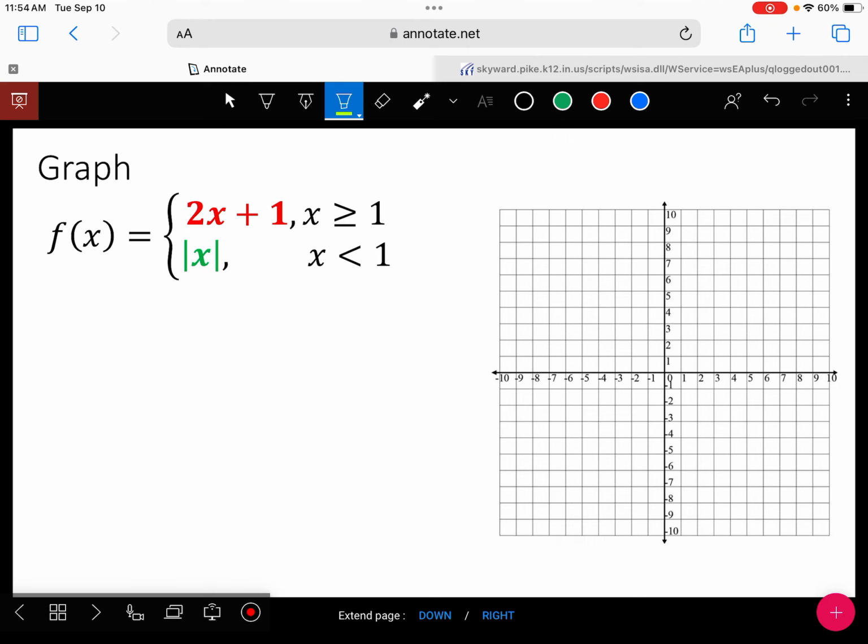If you watched the video from Friday, it was just some introduction to piecewise graphs, and now we're going to actually graph it ourselves.